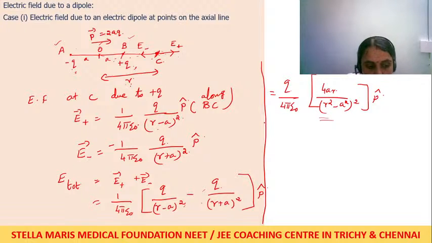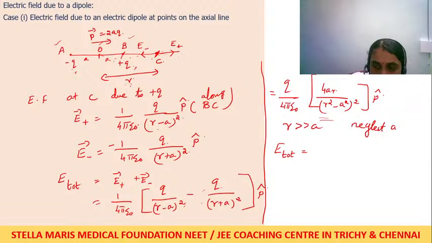Here I am going to consider that the R value is much greater than the A value, correct? So we neglect the A value, and we get E total equal to Q by 4 pi epsilon naught, 4AR divided by R power 4, into P cap.